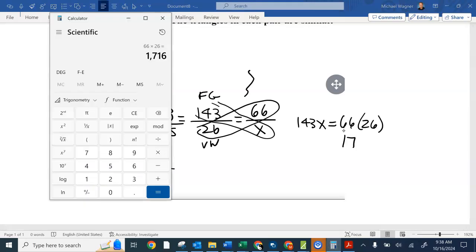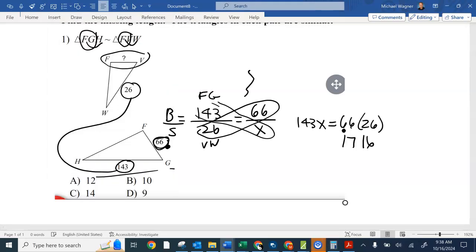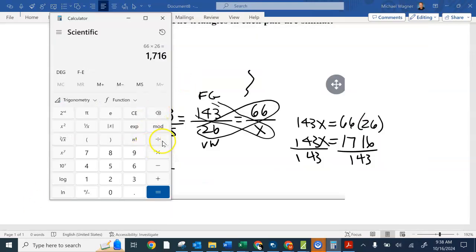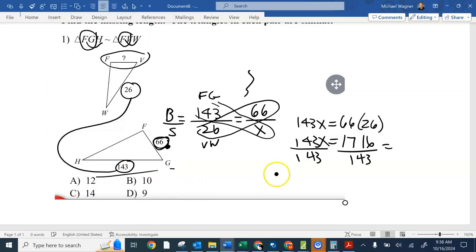That's 1716. And then divide by 143. So where do you go? Divide by 143. Okay, so X equals 12. Okay, so that would be the answer.